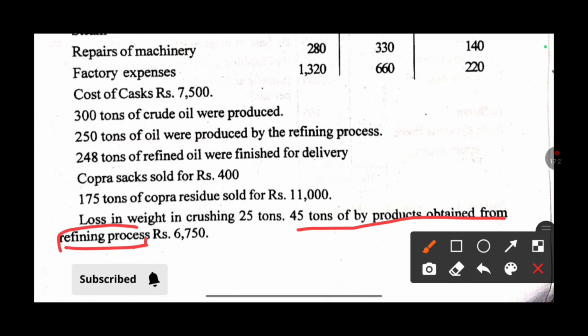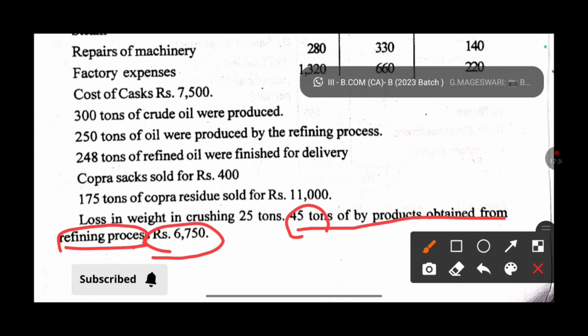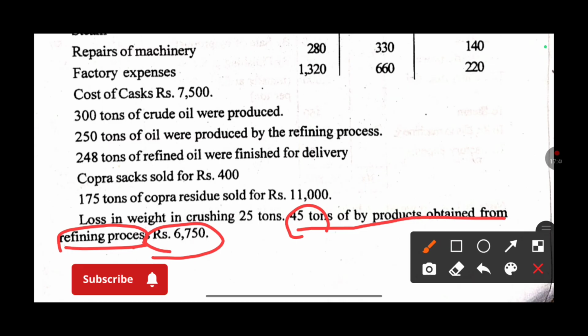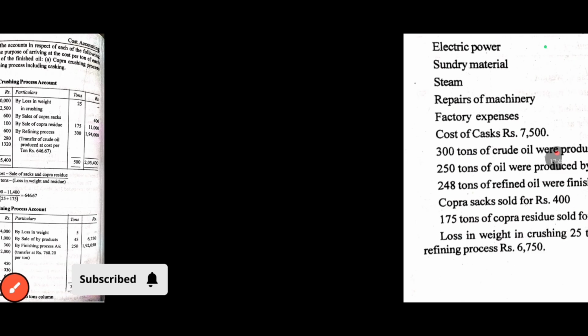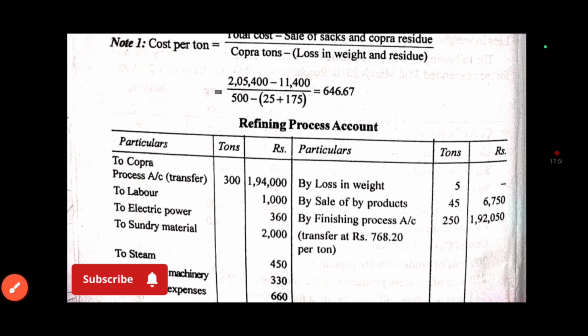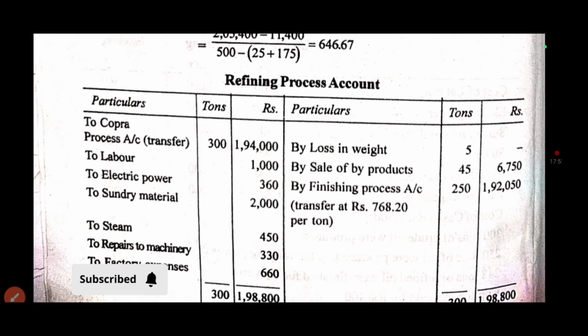Refining process account. So here, 45 tons of byproduct obtained from the refining process at 6,750 rupees, which means 45 tons of byproduct from the refining process will be sold at 6,750. Whenever you make a sale, it will be entered on the creditor side, right?